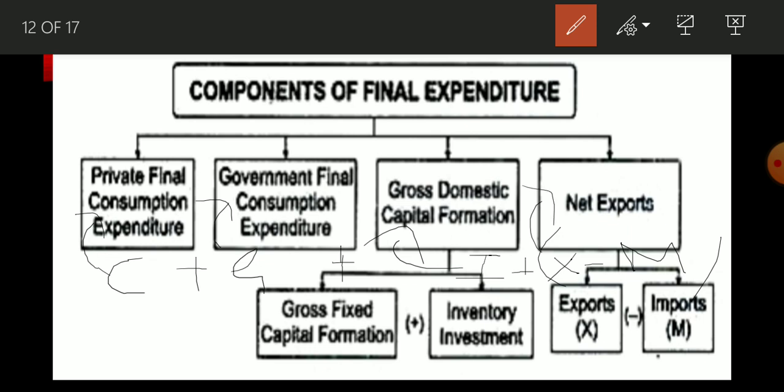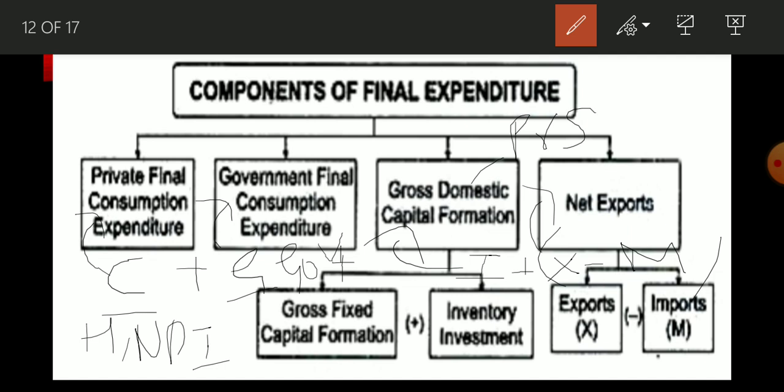C, private final consumption expenditure, is done by households and non-profit institutions. G is done by the government. I is done by the producer sector.